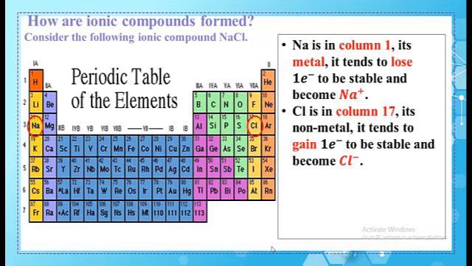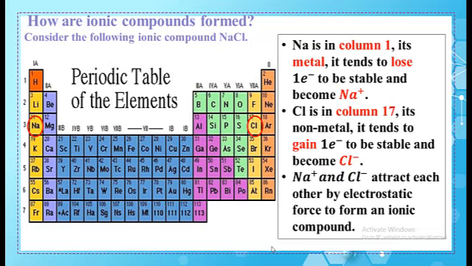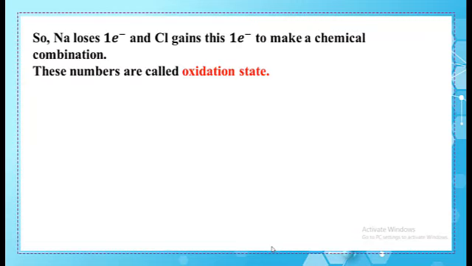It tends to gain 1 electron to be stable and become Cl-. So Na+ and Cl- attract each other by electrostatic force to form an ionic compound. So Na loses 1 electron and Cl gains this 1 electron to make a chemical combination. These numbers are called oxidation state.